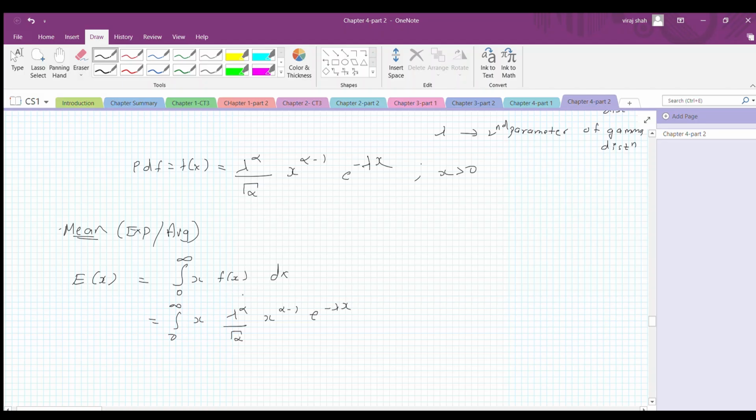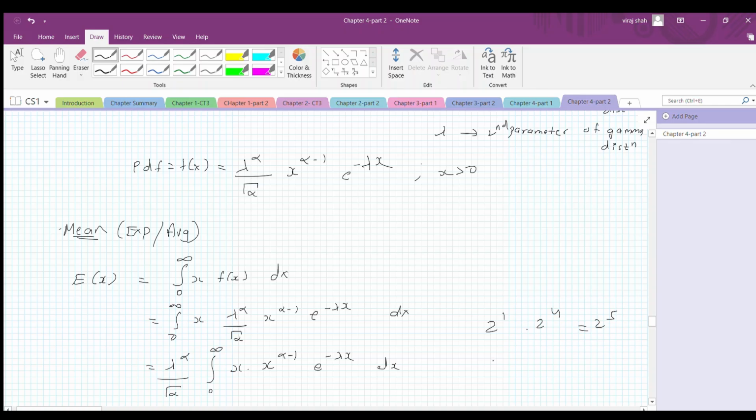This term does not have an x in it, so I can say it is a constant and take it out. I'm left with lambda raised to alpha upon gamma of alpha, integral from 0 to infinity of x into x raised to alpha minus 1, e raised to minus lambda x dx. I can club these two parts. For example, 2 raised to 1 into 2 raised to 4 is 2 raised to 5.